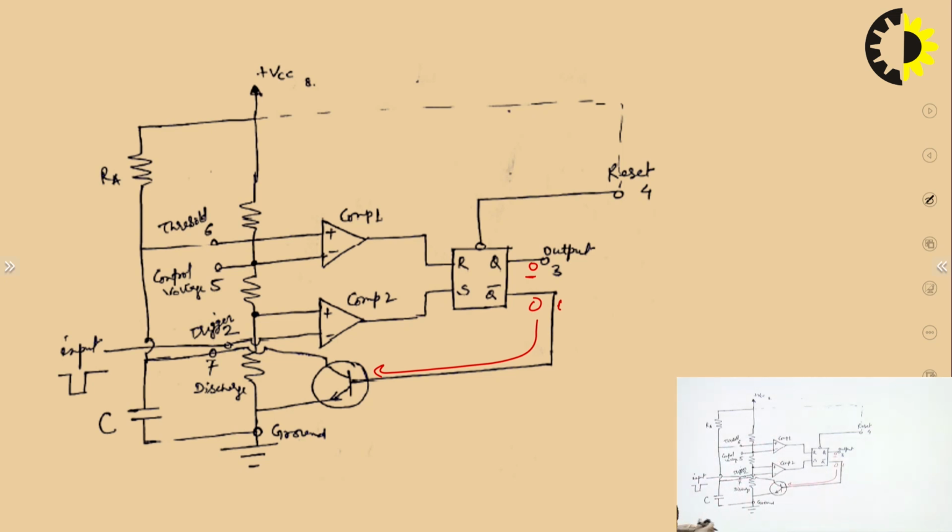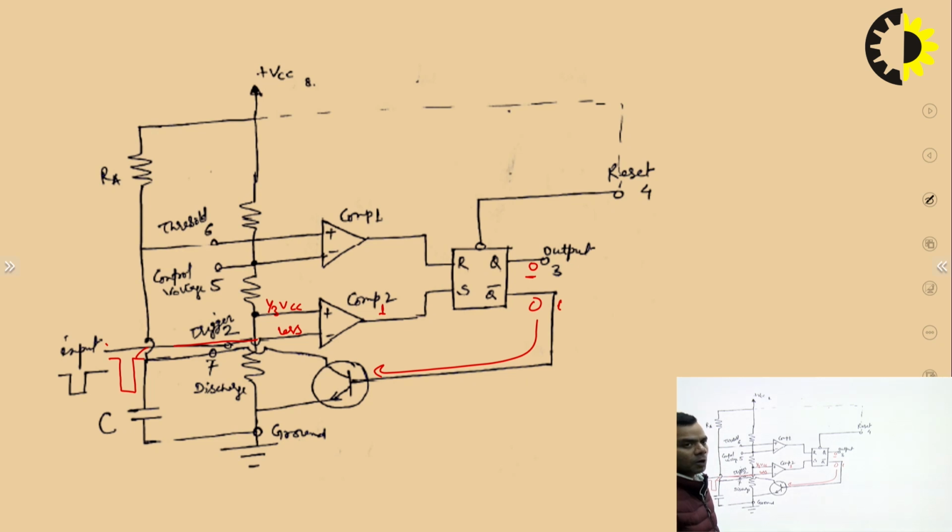Let us apply some input, and that input is a negative triggering pulse. So when you apply a negative triggering pulse at this terminal, then what will happen? Output of comparator 2 changes, as the trigger input is less than 1 upon 3 VCC. So its output will become 1.